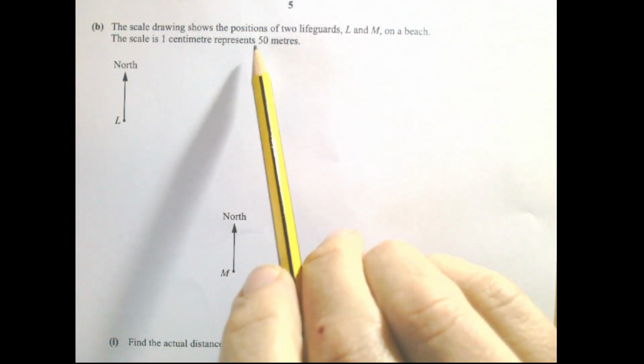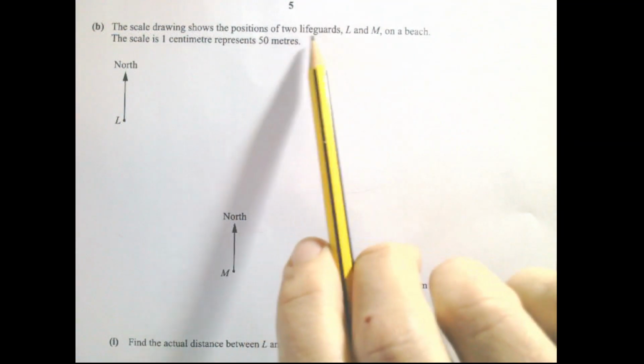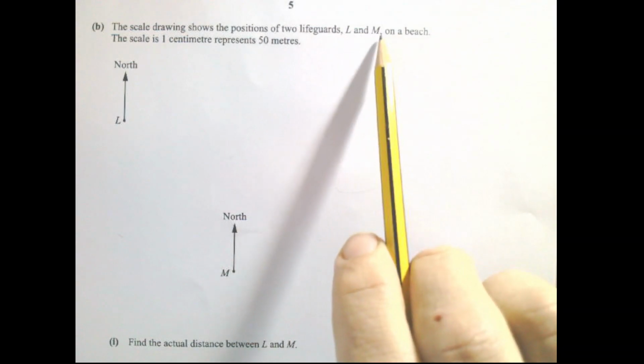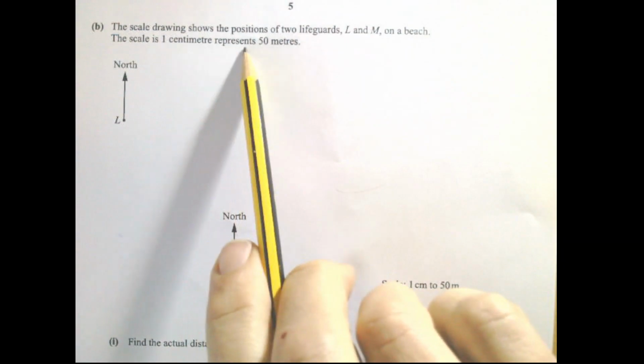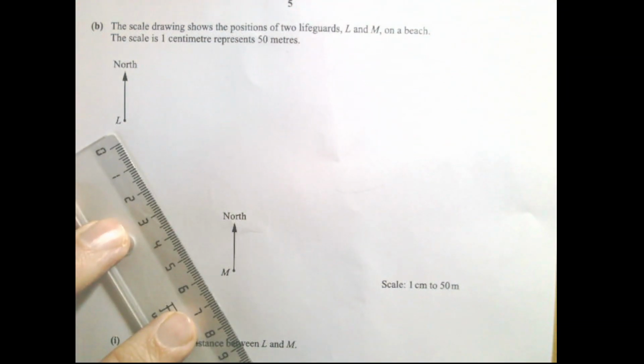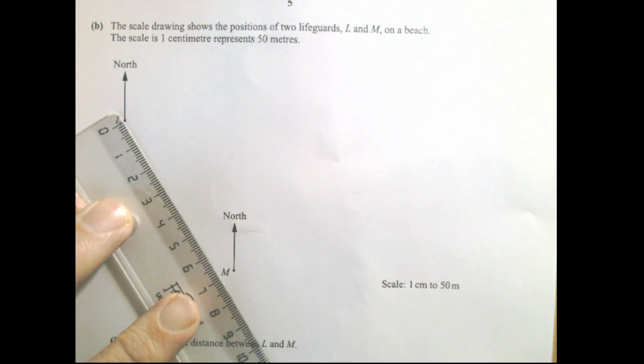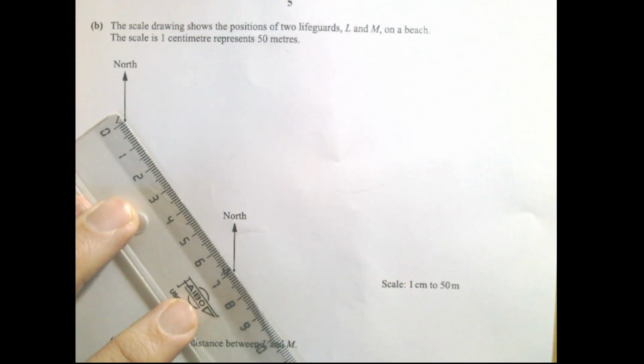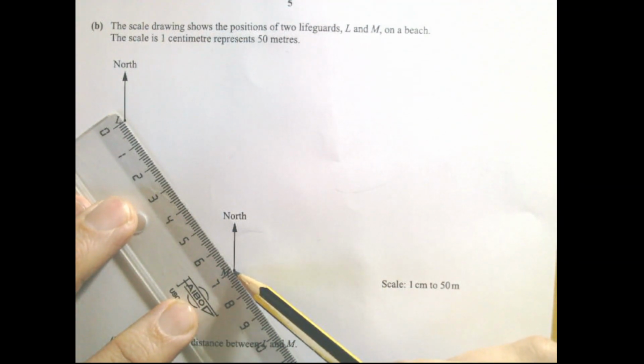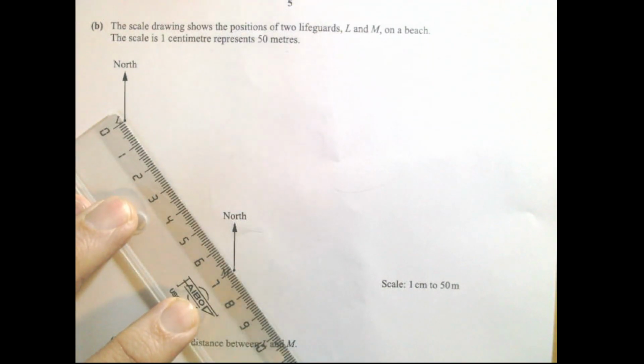Right, switching to the camera view, we're doing question 2b. So scale drawing. Everything is to scale, it doesn't say not to scale. 2 lifeguards, L and M, on a beach. The scale is 1 centimeter represents 50 meters. So find the actual distance between L and M. First we need to find the distance on the paper. If we measure that, starting at 0, it looks like an exact 7 centimeters.